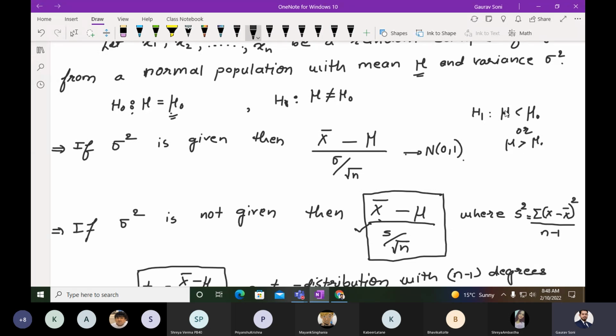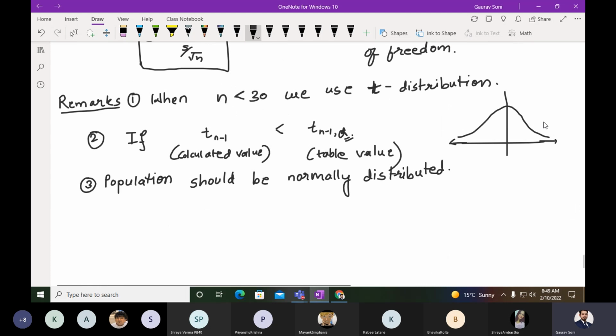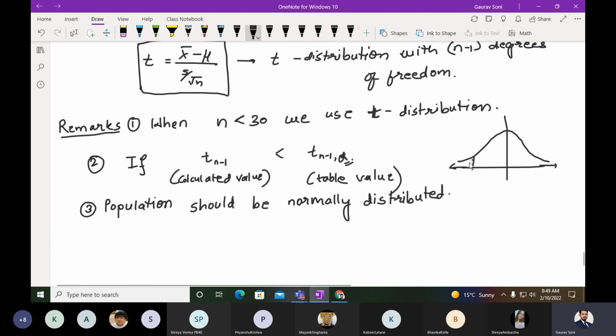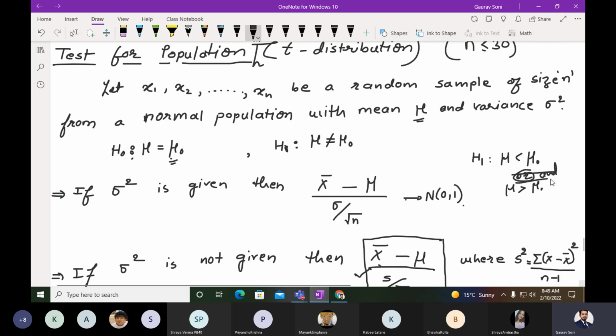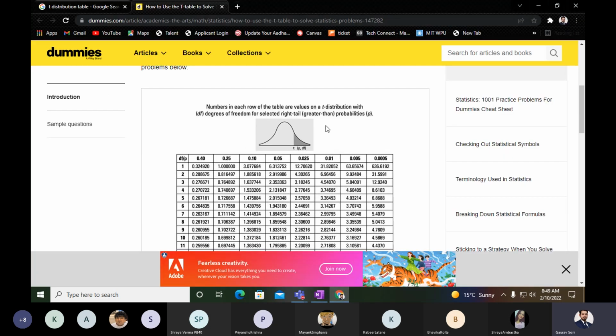If both cases are available, then my critical region will be on both sides, this as well as this. But if I'm just taking my alternative hypothesis as mu less than mu naught, or H1 as mu greater than mu naught, then we have to use the one tail. That's why you can see it is written here that right tail only, greater than values.